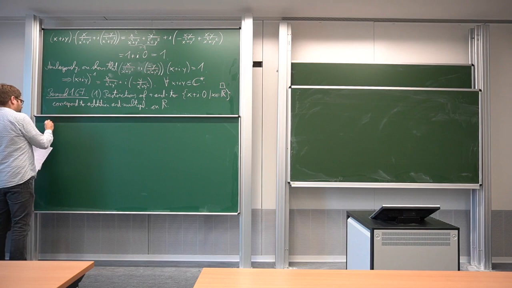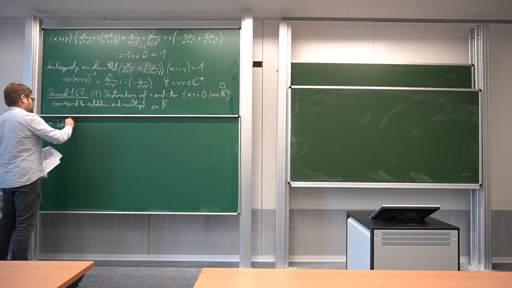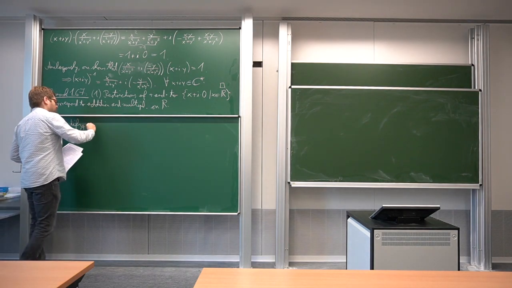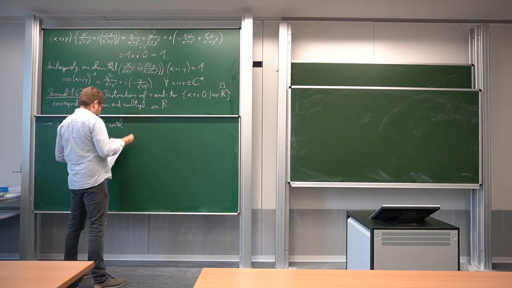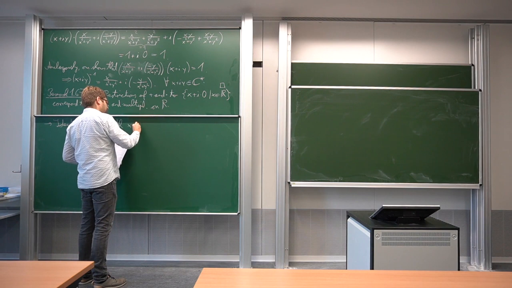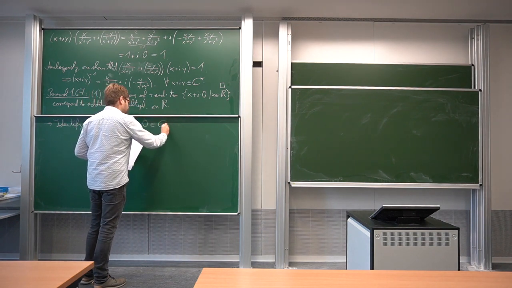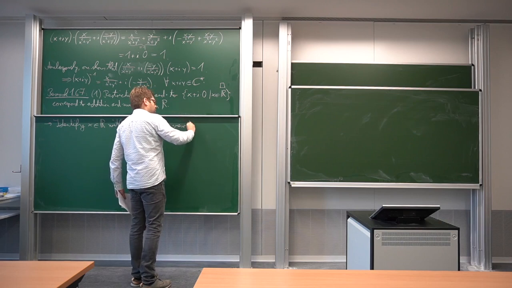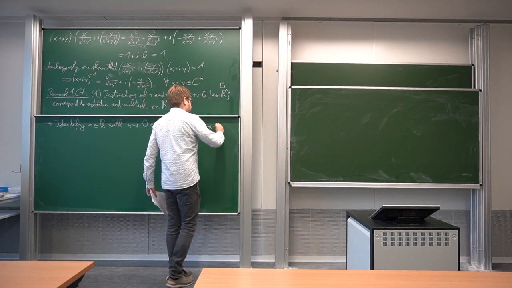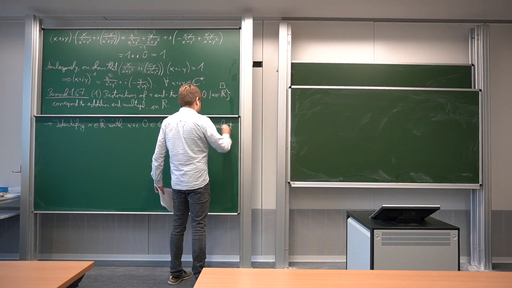So we identify x in R always with x plus I times 0 in C, and then can view R as a subset of C.